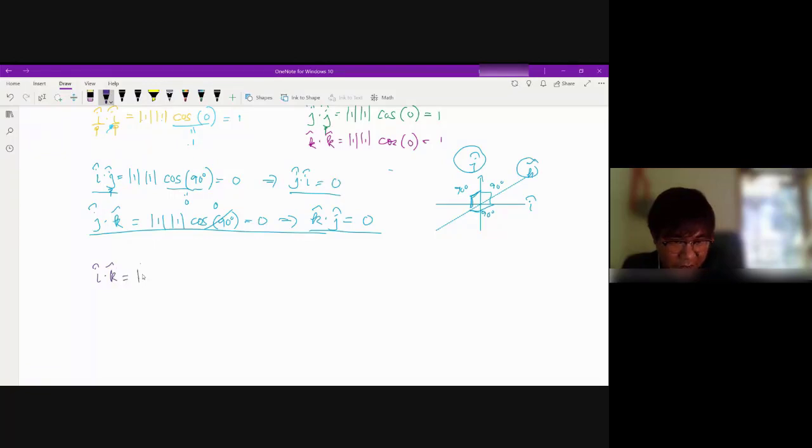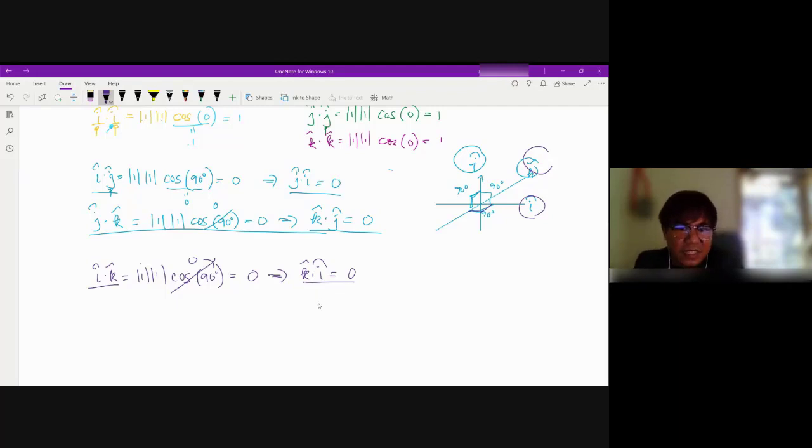So ang I dot k hat nimo is again 1. The angle between the two is what? This is I here. This is k hat here. So the angle between the two is equal to 90 degrees. So you have 90 degrees here. So this is also equal to 0. So this is also the same with k hat dot I hat. So this is equal to 0. So remember that.